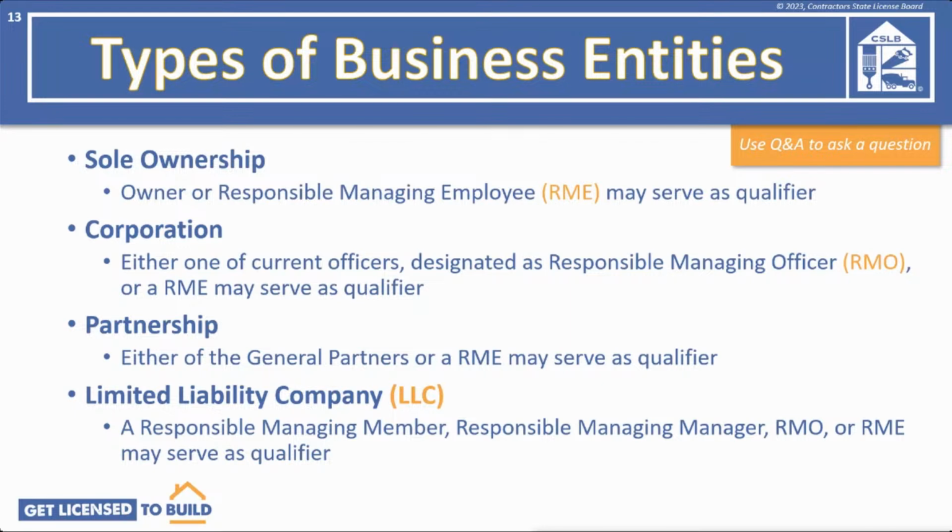That's 2% of our licenses. Finally, a limited liability company, or LLC, where a responsible managing member, a responsible managing manager, responsible managing officer, or responsible managing employee may serve as the qualifier. About 1.5% of California construction companies are LLCs.